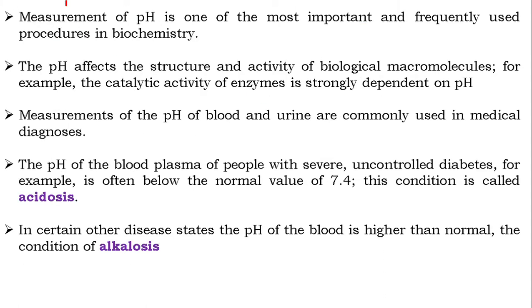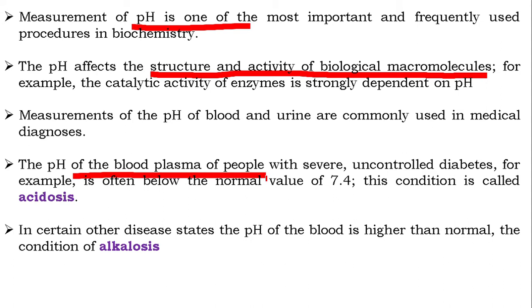Measurement of pH is of utmost importance. Why? pH is affecting practically all the biochemical activities in the body. It affects the structure and activity of all biological macromolecules. It may be enzymes, it may be nucleic acids, it may be proteins, etc. And pH of the blood plasma of people with severe uncontrolled diabetes is often below 7.4.